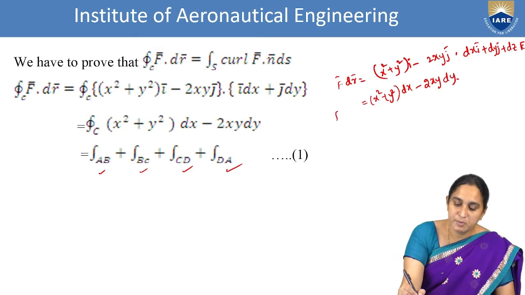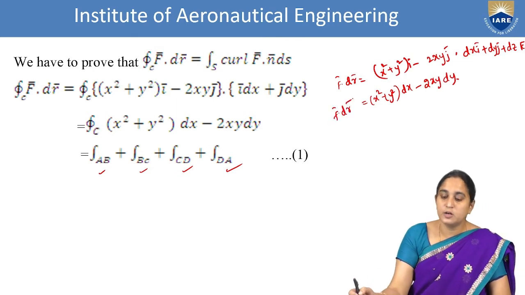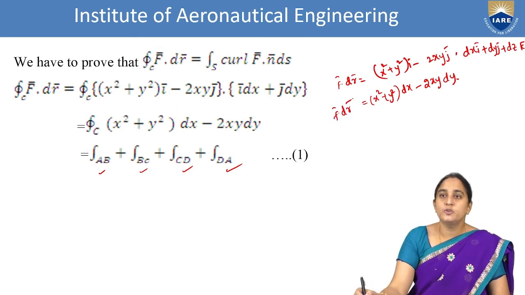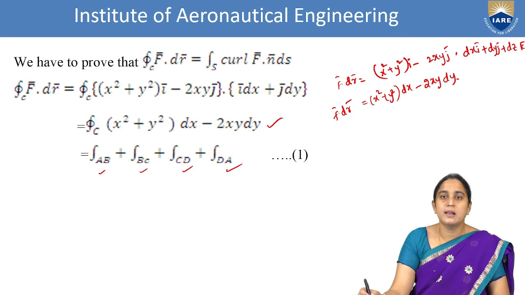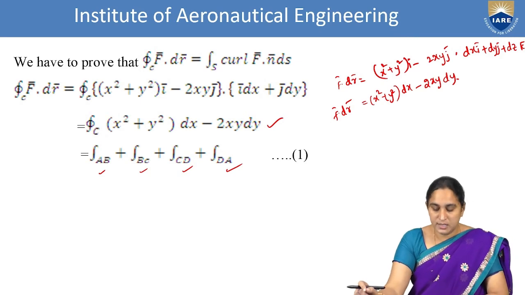Therefore, f bar dot dr bar is equal to x square plus y square into dx minus 2xy into dy. Now I'll calculate the line integral along AB, BC, CD and DA. If you know the f bar dot dr bar for the first part, easily we can find the line integral along AB, BC, CD and DA.